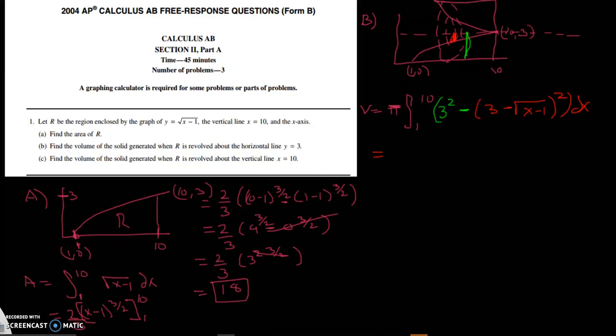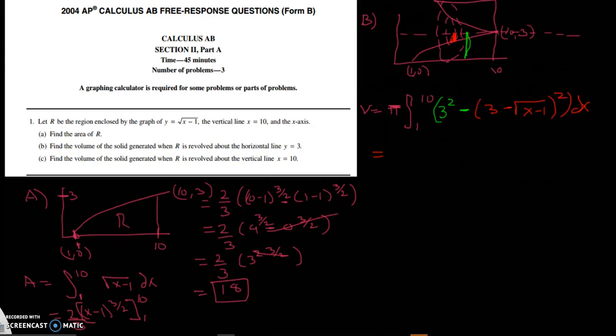Now, since this is a calculator question, I would just input it. There's no way you should do this by hand, unless it was a non-calculator question, because it would just take too much time. You'd have to square this whole thing and get 9 minus 6 root of x minus 1 plus x minus 1. Then you would have to integrate.